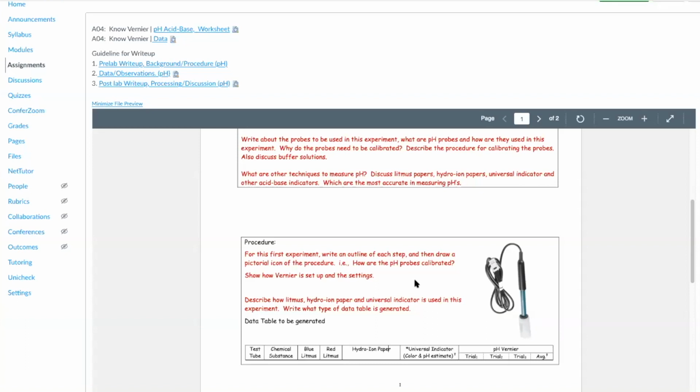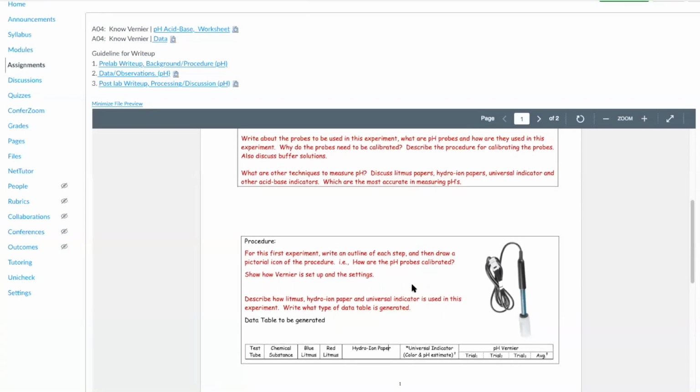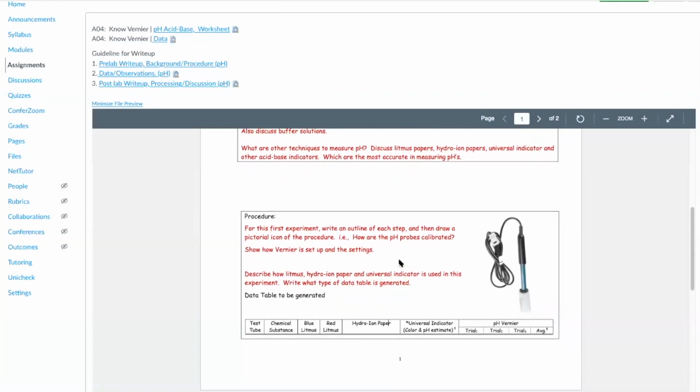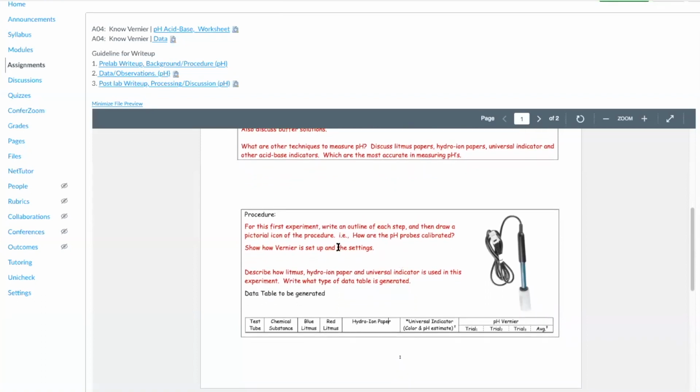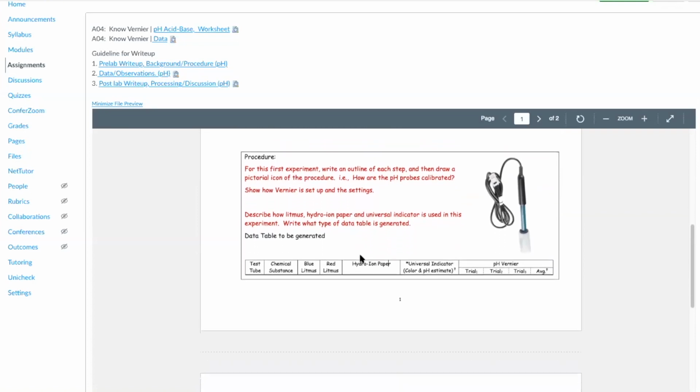You also need to discuss why the pH probe is calibrated. Okay, we calibrate at 4, and calibrate at 10. That way we have a range, and then we test at 7 right in the middle. So that's what this part is. I give you some guidance in this description right here.